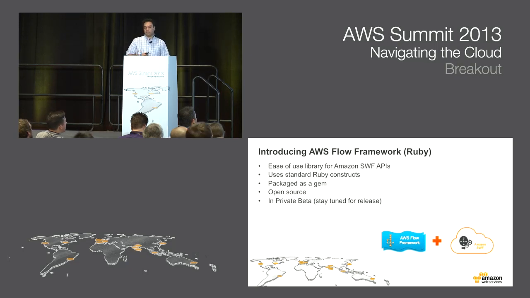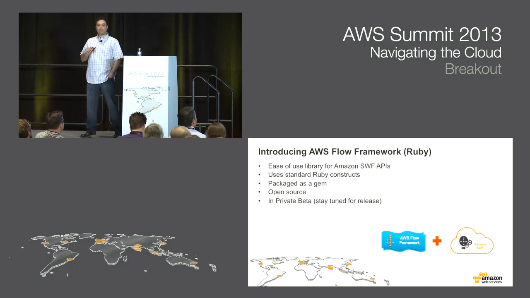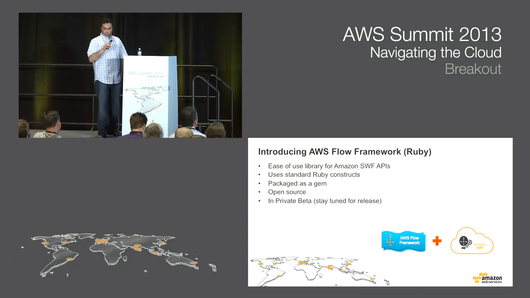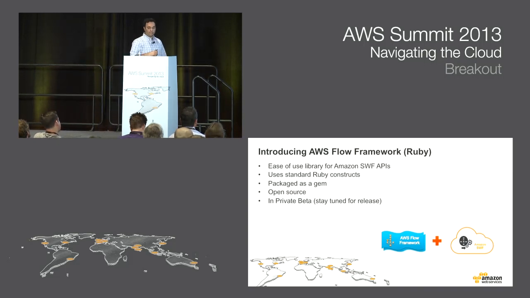The Flow Framework is an ease-of-use library on top of Simple Workflow APIs. Just like any other AWS service, you can use Simple Workflow through HTTP calls. The next layer of abstraction on top of that is the AWS SDKs, which make it very easy for you to call our APIs from any language of your choice. And then what Simple Workflow does, a little bit unique, is that it also provides this ease-of-use library.